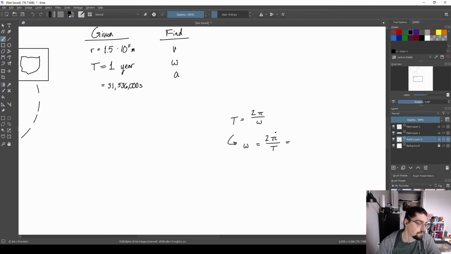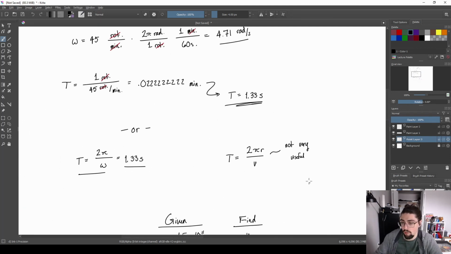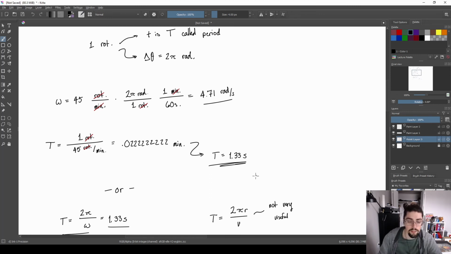Here, that is 1.99 times 10 to the negative 7th. Which is small, right? Compare that to what we just saw: 1.99 times 10 to the negative 7th versus, for this other one, we had 4.71 flat.